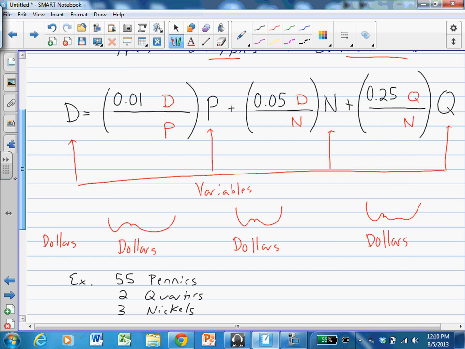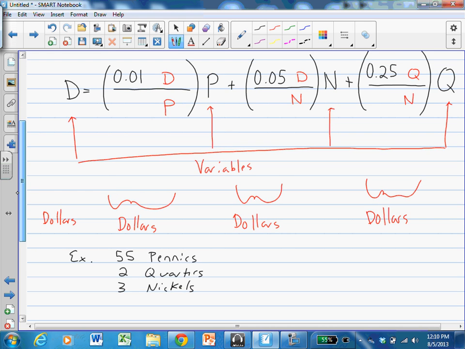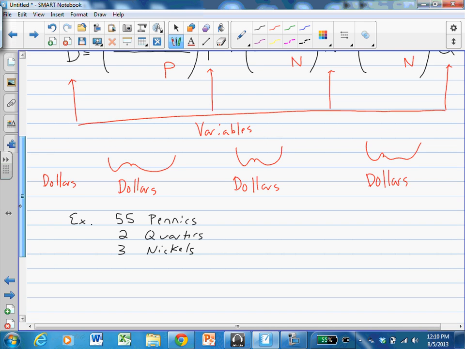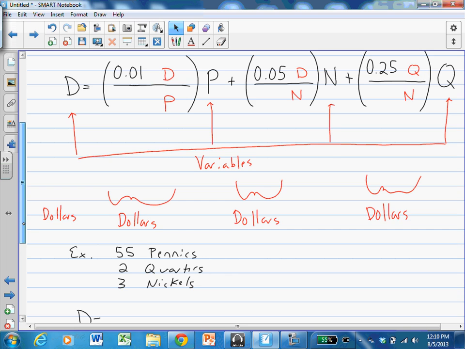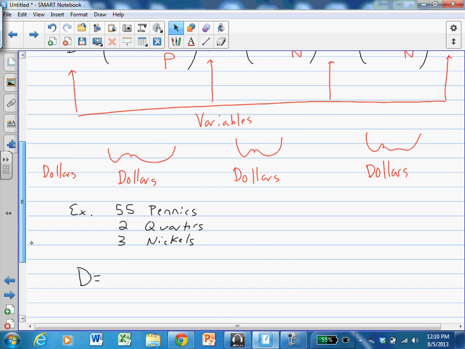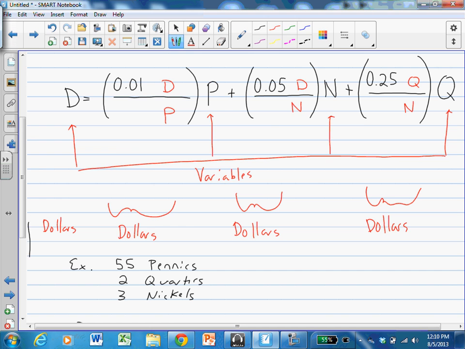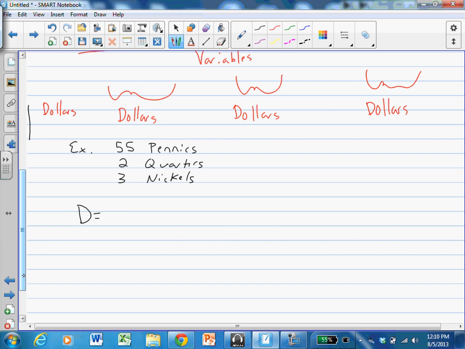let's plug that into our formula. D equals 0.01 D over P. That's out in front of the number of pennies.